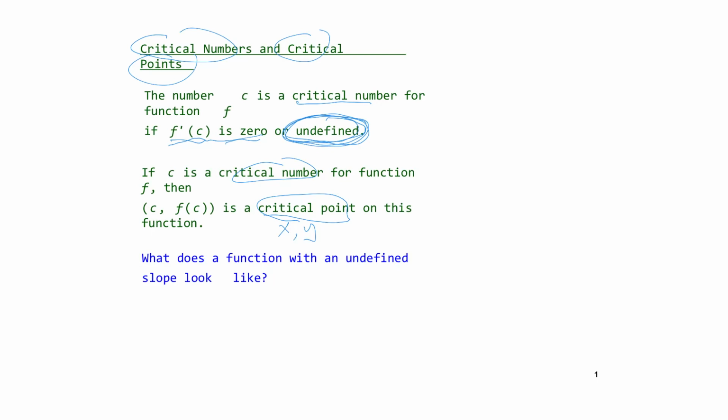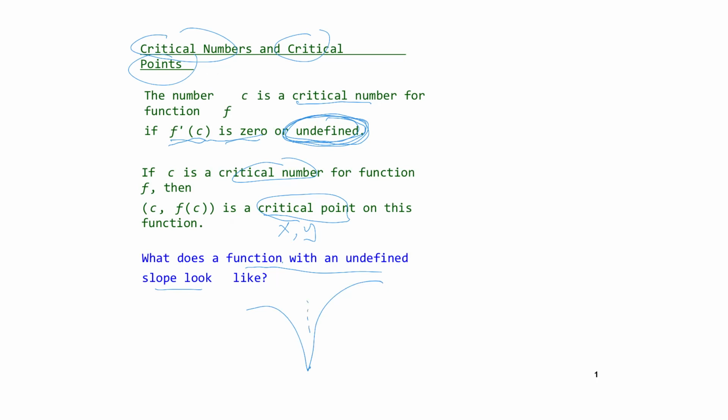The last thing is, what does a function that has an undefined slope look like? If you recall, a function where the slope is undefined means there's a vertical tangent. We talked a bit about cusps, which is one of them, something that's really pointy.